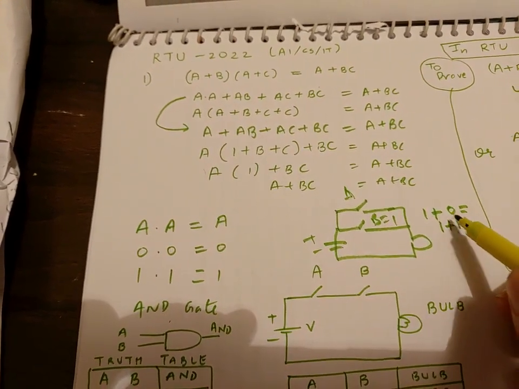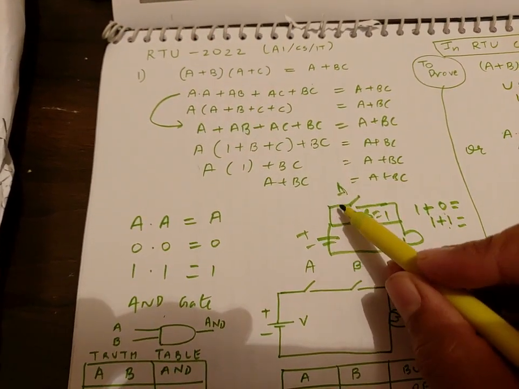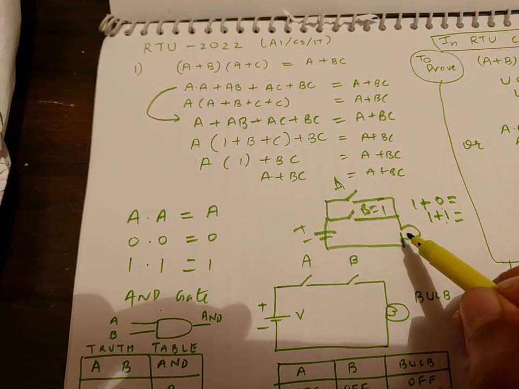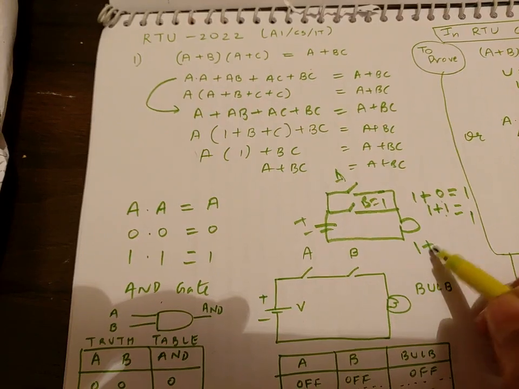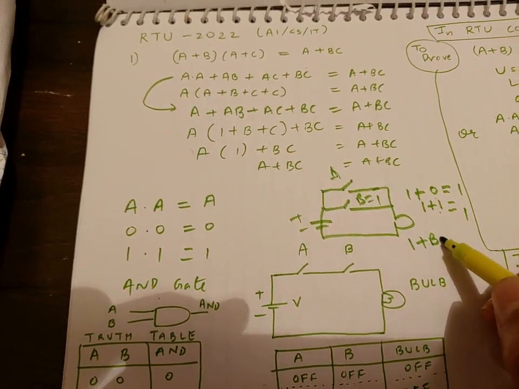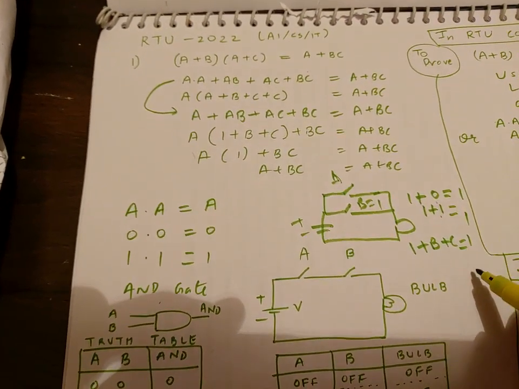Whatever may be the case, if a single switch is on, the current will reach the bulb and the bulb will light up. That's why I have written A OR B OR C will end up 1.